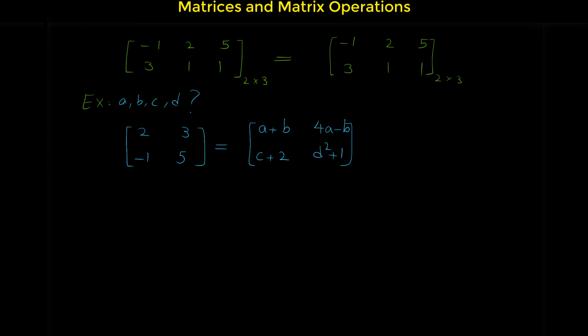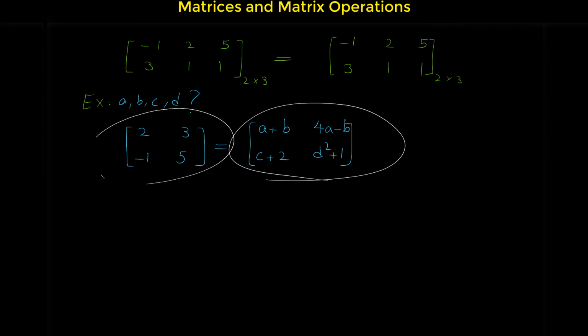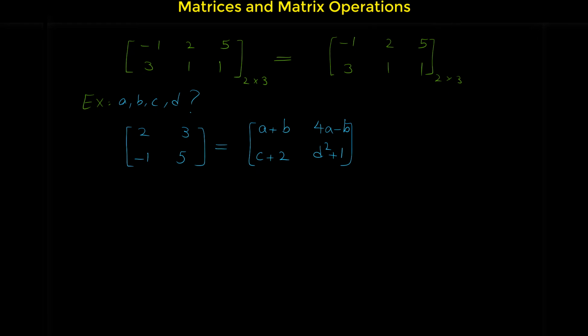We know that two matrices are equal to each other if every element that appears here appears in the second matrix. All the corresponding elements must be the same. First of all, the size of these two matrices is the same, as it should be.